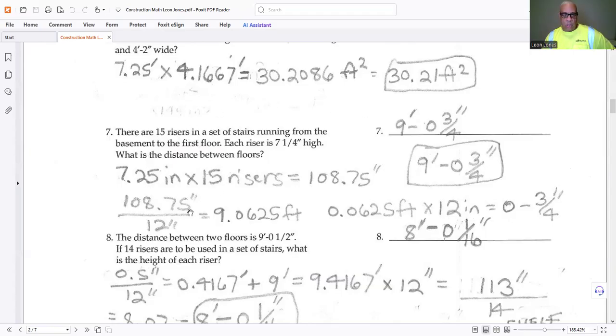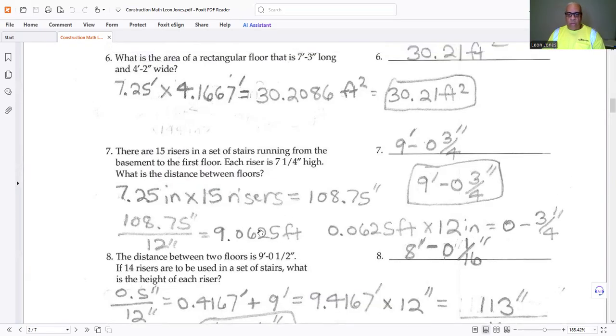So I wanted to convert everything to feet, and I did. So I got 9.0625 feet. I took the decimal and multiplied it by 12 inches, because I converted feet back to inches since I already had my 9 feet.